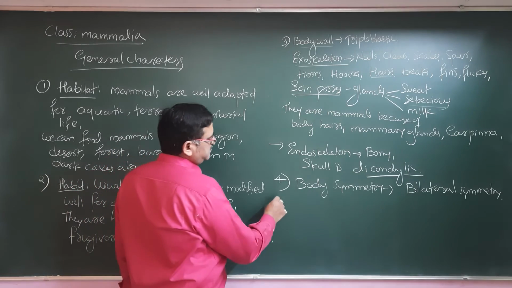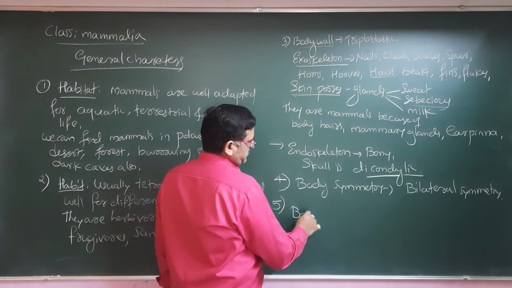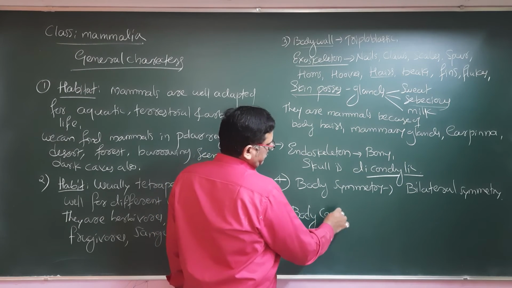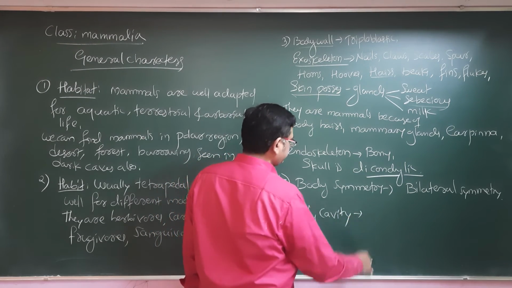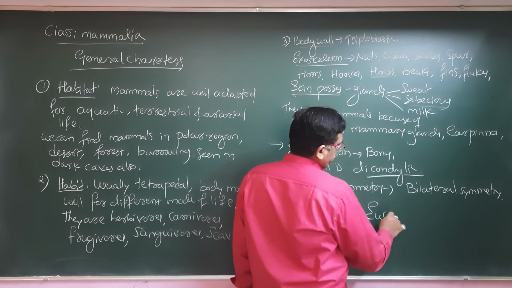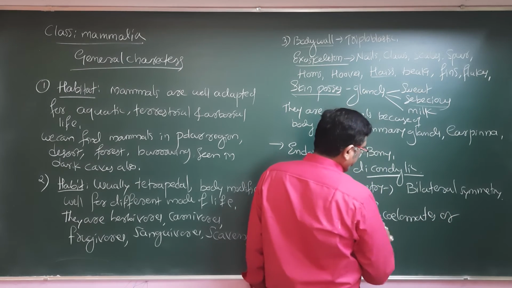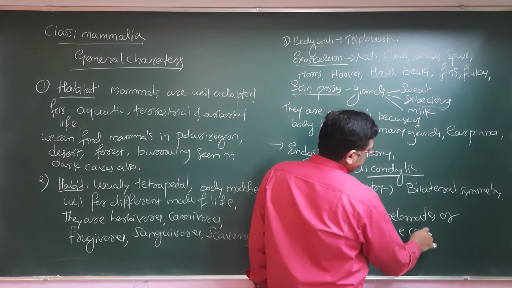Number 5, body cavity. What body cavity do they exhibit? They are the eucoelomates, or we call them true coelomates.